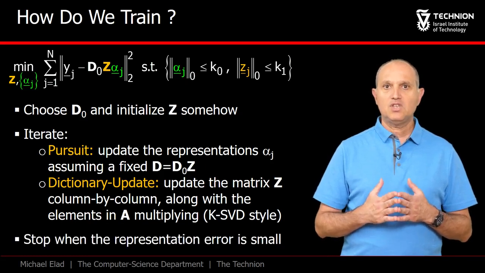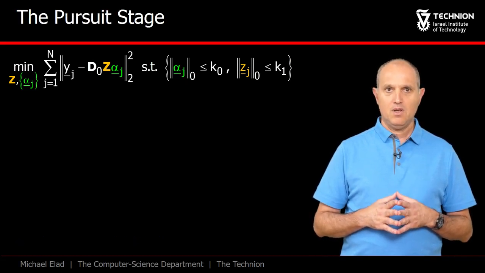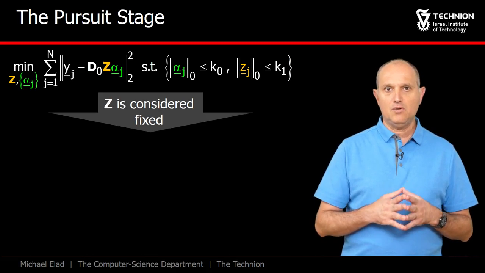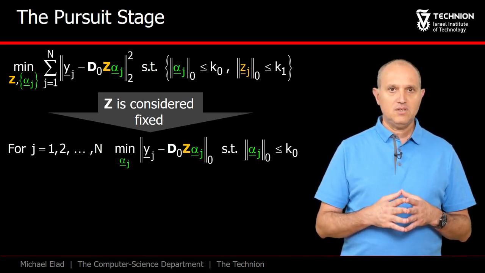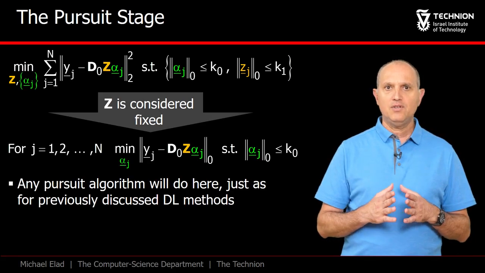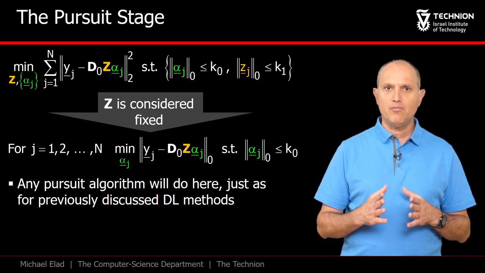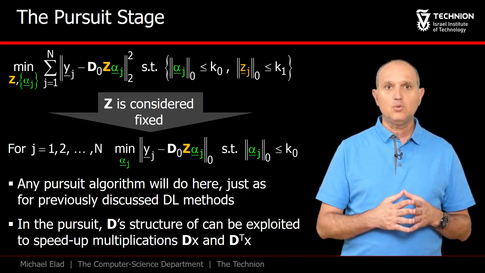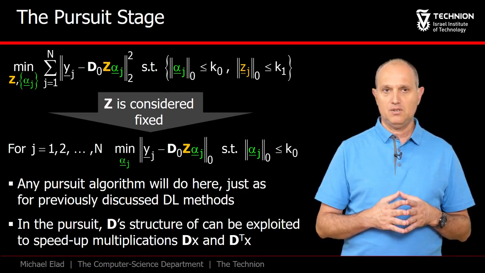Now let's dive into the steps of this algorithm. In the pursuit stage, we consider that D0 and Z are known, and thus the overall dictionary D is known. Seeking the alphas, we get a set of separated classic pursuit problems, and we have the freedom to choose any of the algorithms we are familiar with. Indeed, in the pursuit, we could exploit the structure of D to speed up the overall computations.